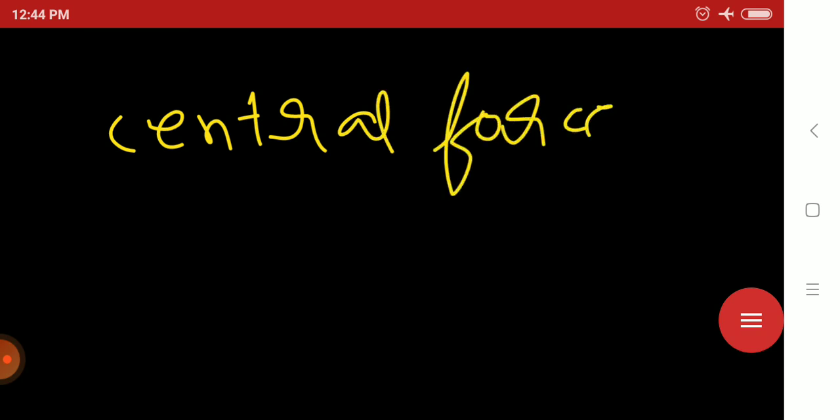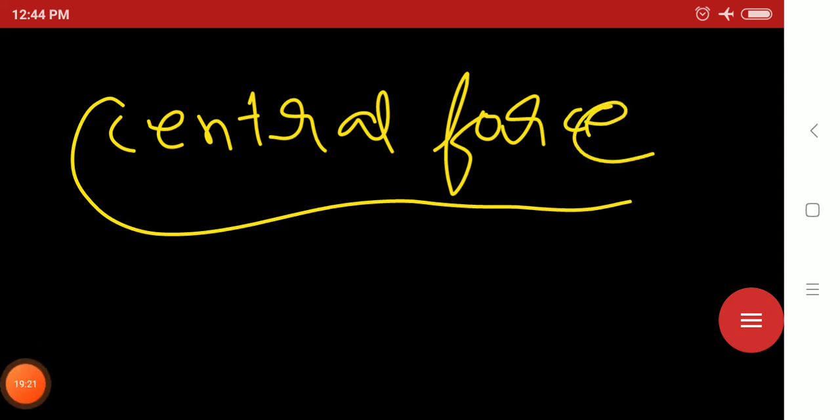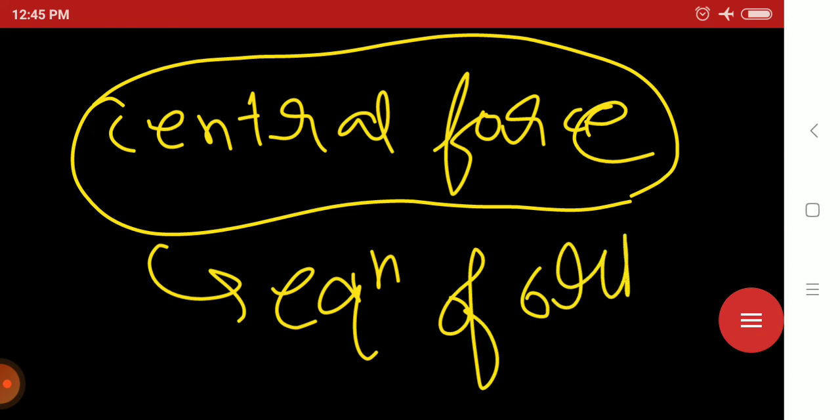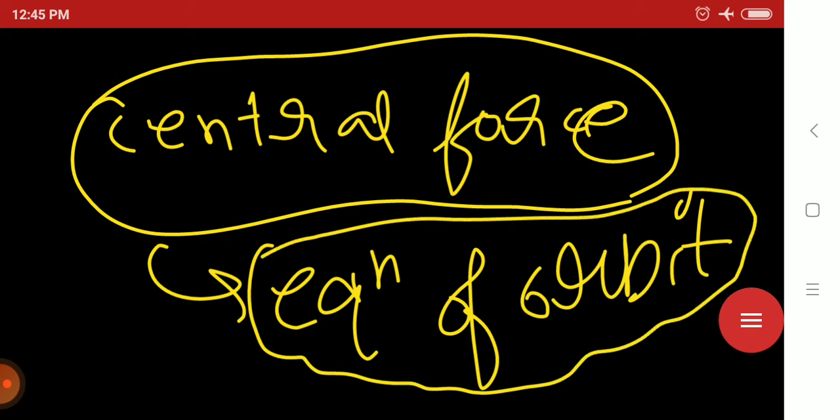In our previous slides we got two forms of the first integral of motion. But in case of central force we now want to deduce the equation of orbit, whose solution can give us the radial function r as a function of theta. Means when we get the solution of this equation of orbit, we will get the radial distance r as a function of theta.